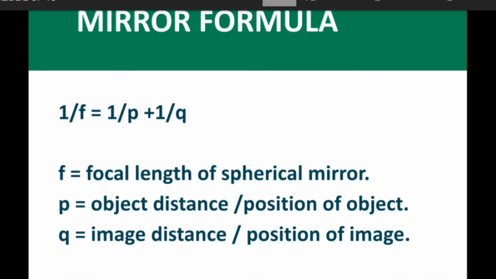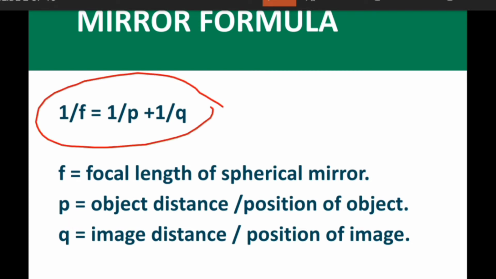So here we know that P means object distance. And what is object distance? The distance from the object to the mirror is known as object distance, position of object, or location of object, and is represented by P. Similarly, the distance from the image to the mirror is known as image distance, position of image, or location of image, represented by small q.